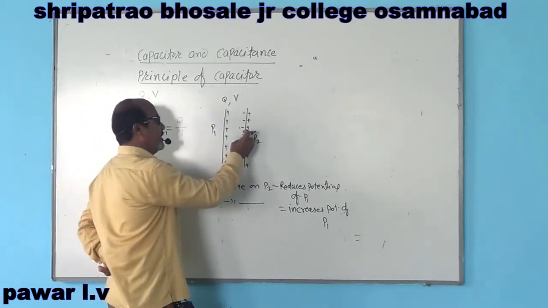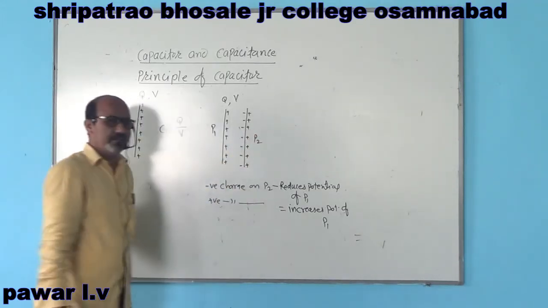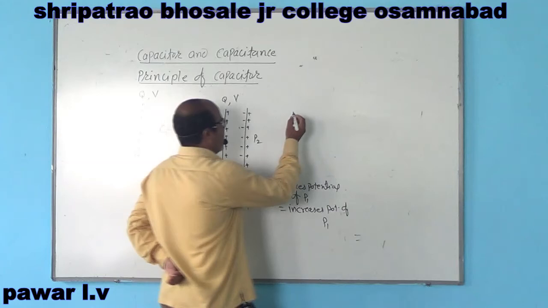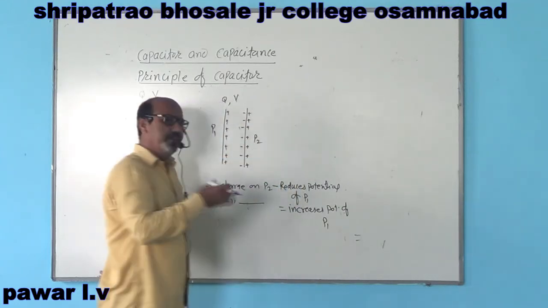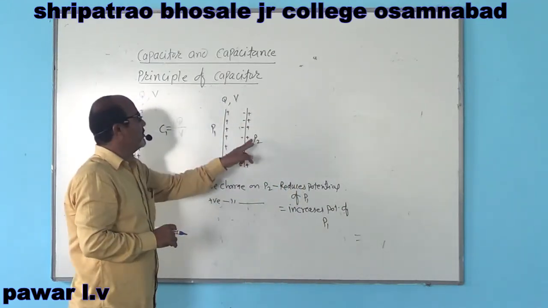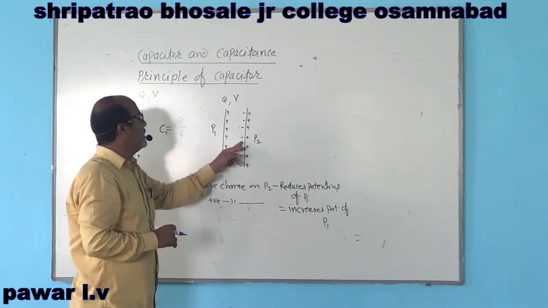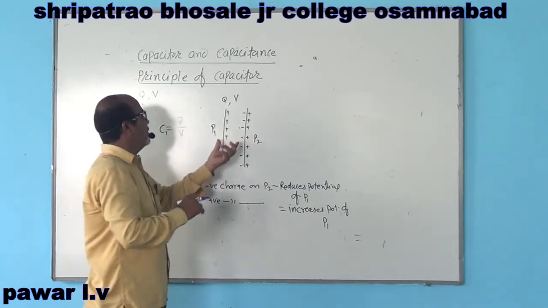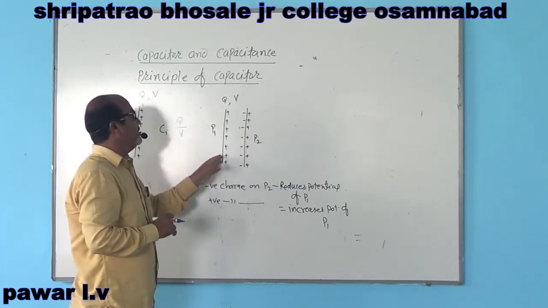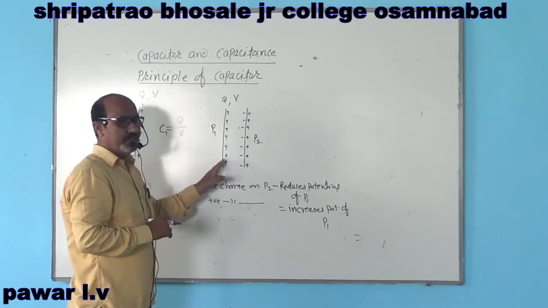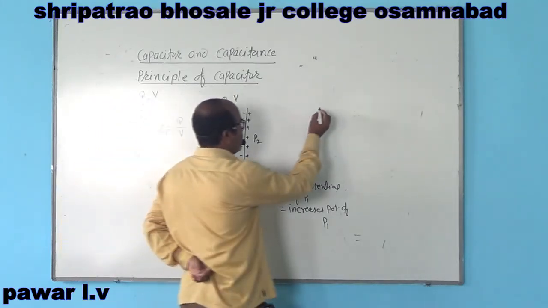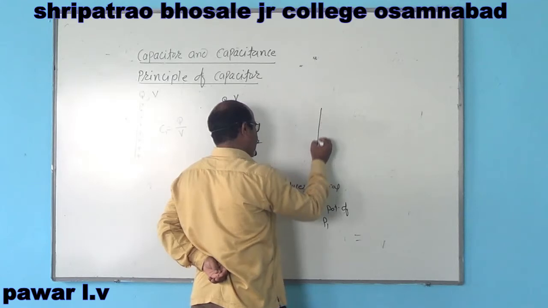If we connect this second plate P2 to earth, then these positive charges will escape to earth because they are free, and these negative charges are bound by the force of attraction with the positive charge on plate P1. So the diagram will be like this.